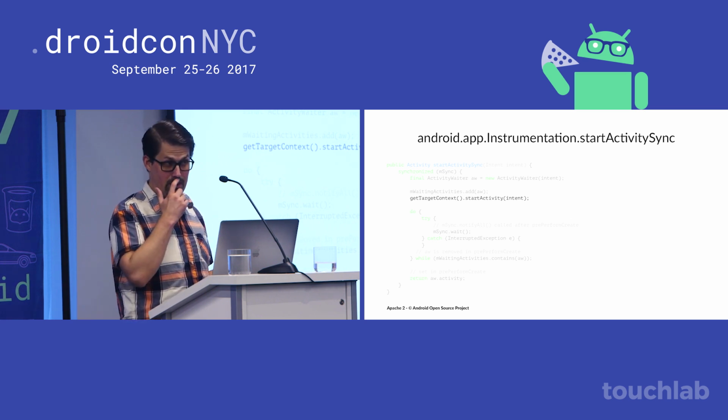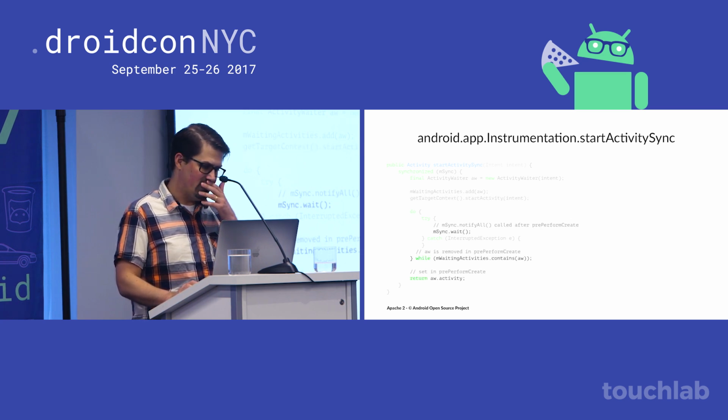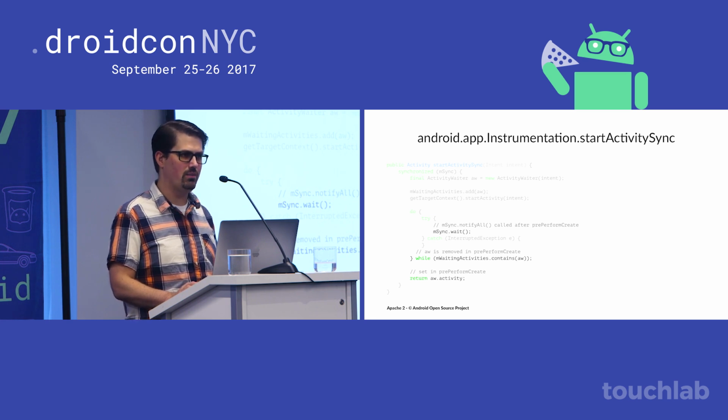Now this start activity is asynchronous. It returns immediately, goes off to the activity manager, and goes through the lifecycle of create and resume. So we need to add the synchronous part here. There is a monitor where it calls wait, and it just waits there until notify all gets called.